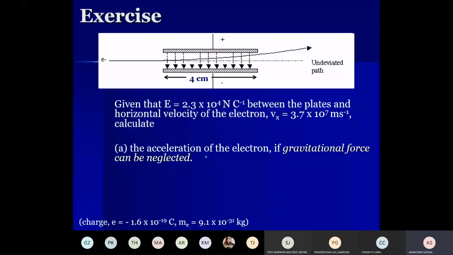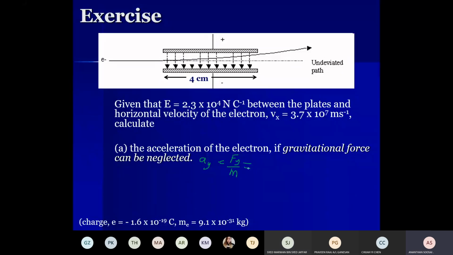So, of course, to find acceleration, force formula, right? To find acceleration, I put AY, because we know it's going to be projectile, so it's vertical acceleration. It's going to be the vertical force over the mass of the electron.